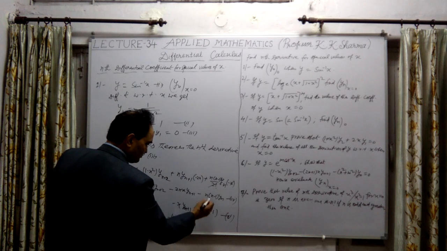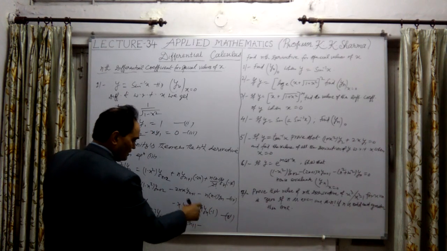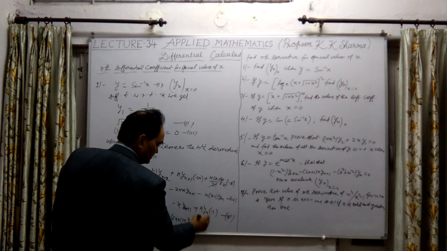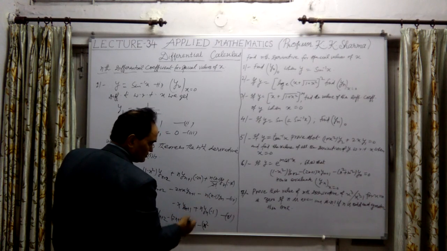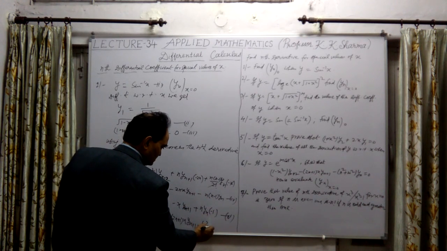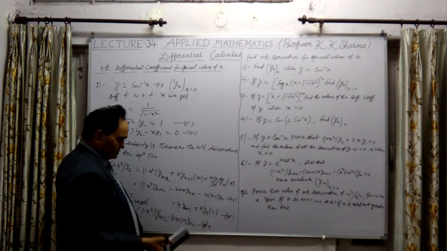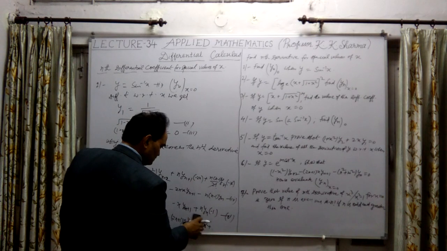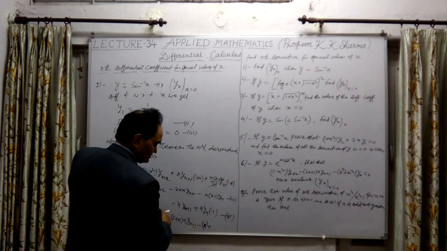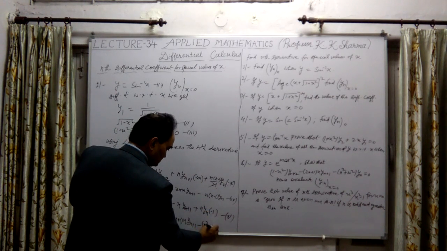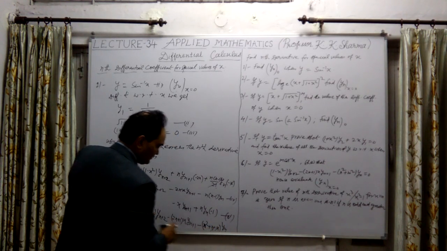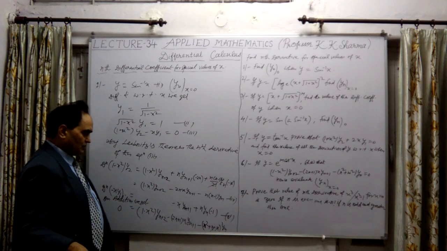Now this is minus sign with both. Minus n square into yn. Minus and plus n cancel out. This is minus n square into y.